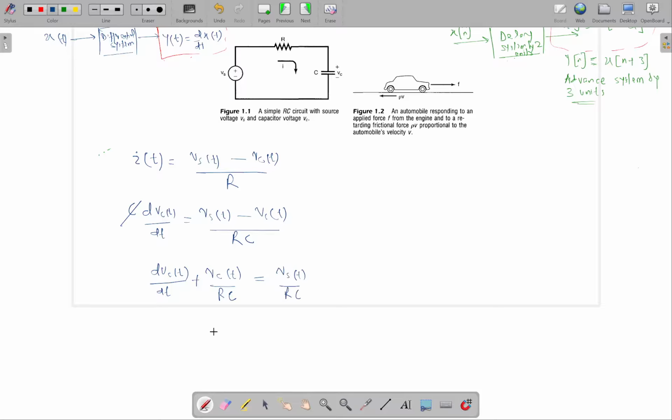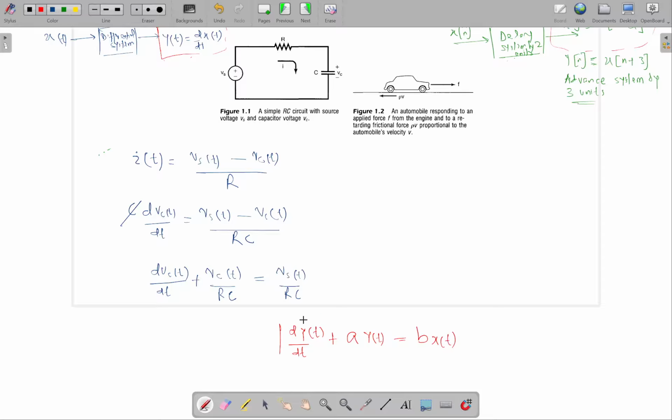So now if you look closely, this particular expression basically resembles this generic expression, which is dy(t) upon dt plus some constant a times y of t is equal to b times x of t.